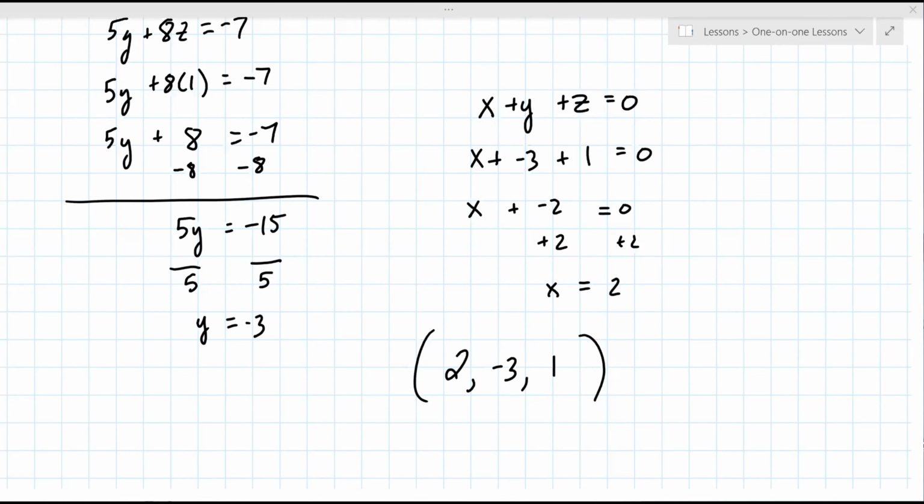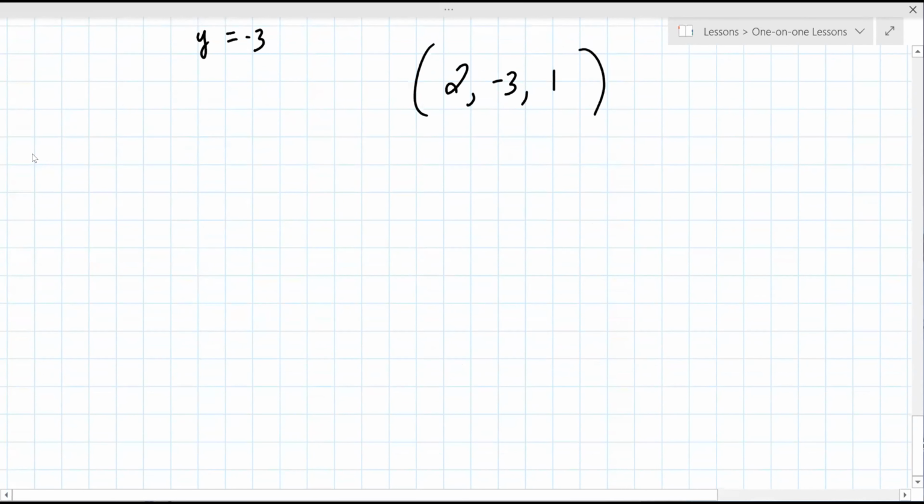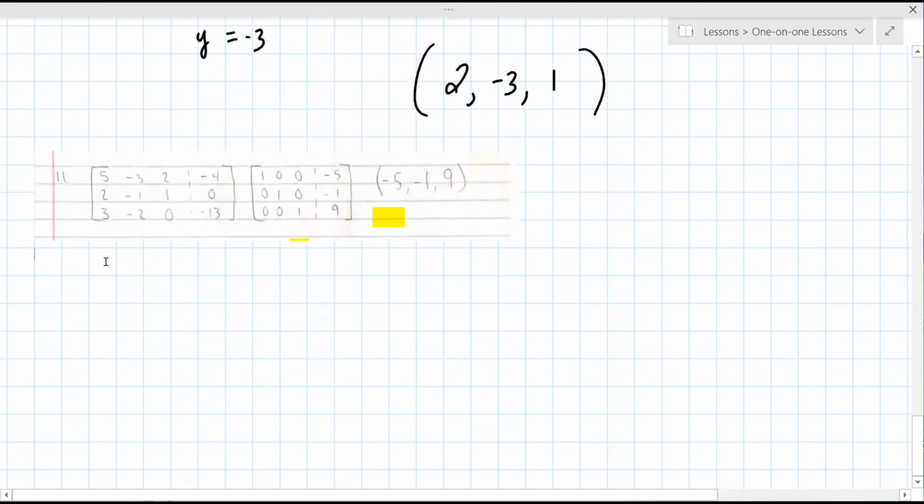There is a small problem in your work. The third row here. I'm going to snip this in so we can both be looking at the same thing. If I look at the original equation, the third equation from the exam says 3x minus 2z equals minus 13.